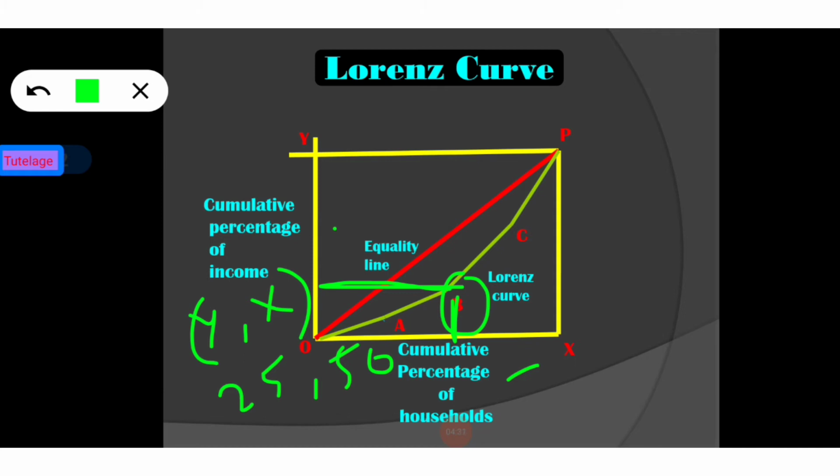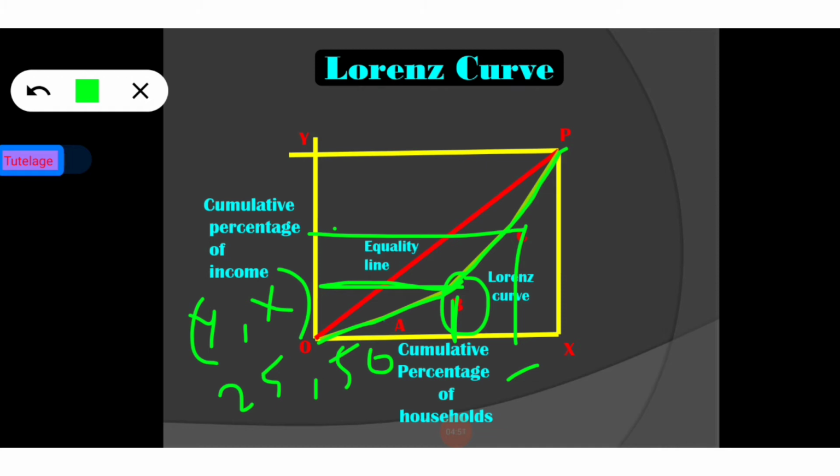Like C. Clear? So we are plotting it already on the curve. The locus of all the points is called the Lorenz curve.